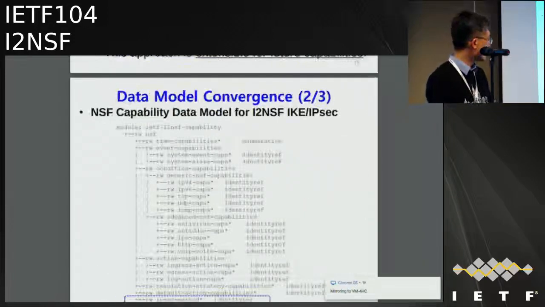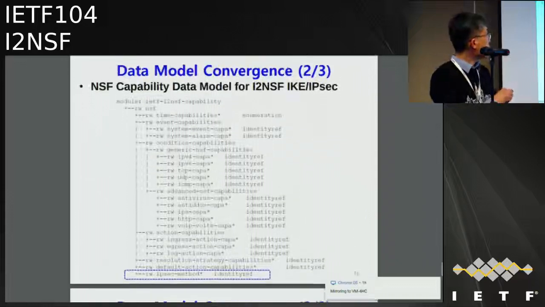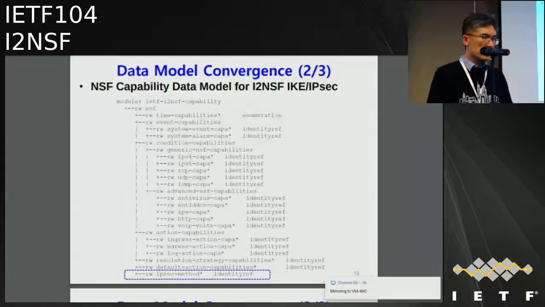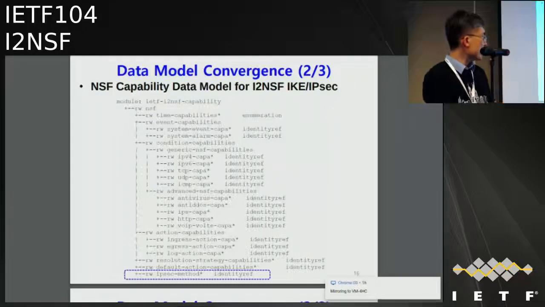For example, Linda, could you move? Yeah, you can see. This is a capability data model. When the developer management system registers the firewall into the security controller, we can specify this kind of IPsec method, such as IPsec case or IPsec list cases.